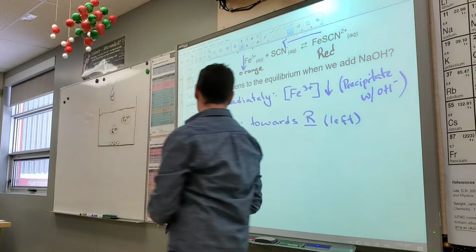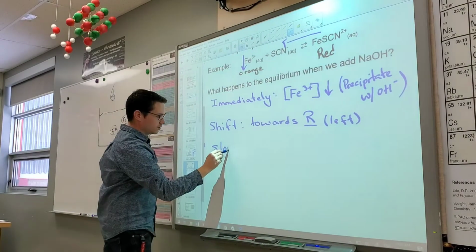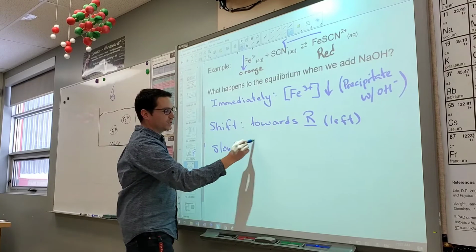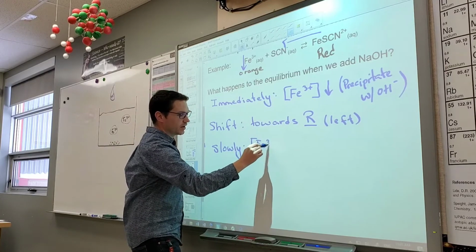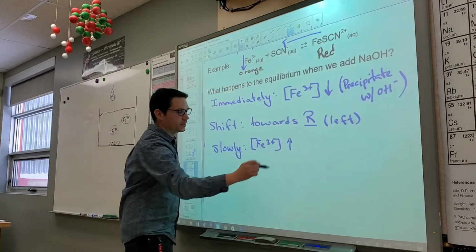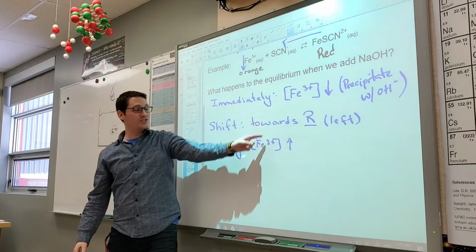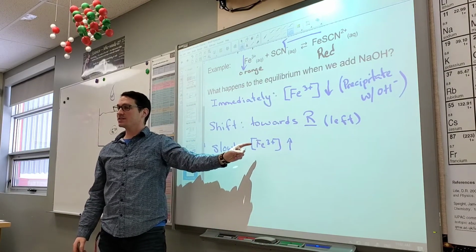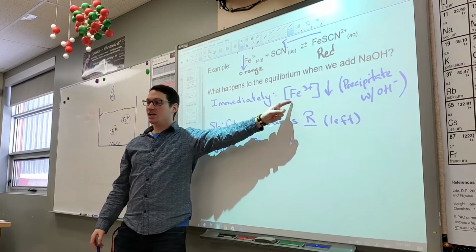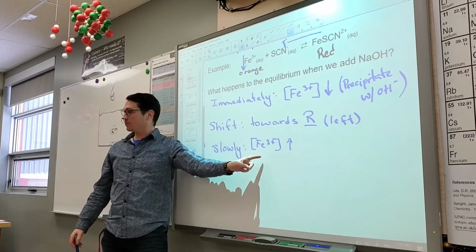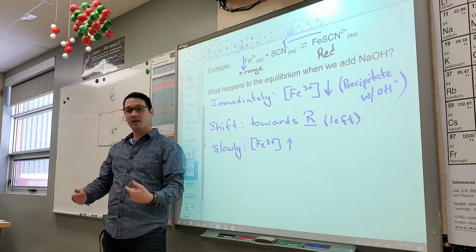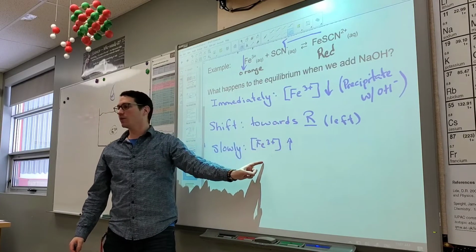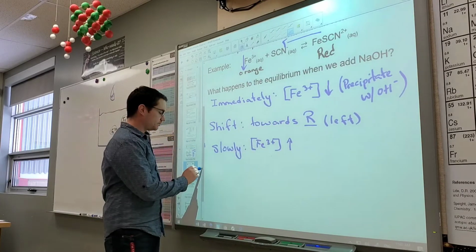It increases. So slowly, the concentration of iron 3+ increases. Do you see how these two will always be opposite of each other? Does that make sense? The immediate change and the shift from the equilibrium are opposing each other. If I decrease it, the equilibrium increases it.